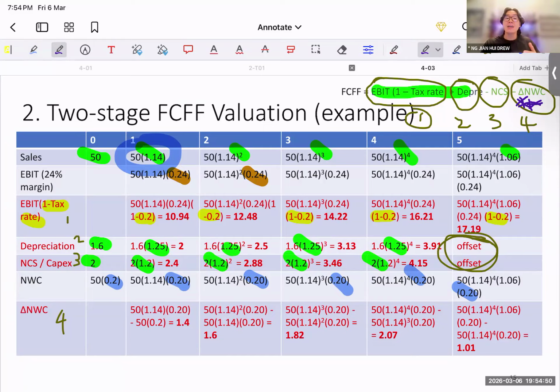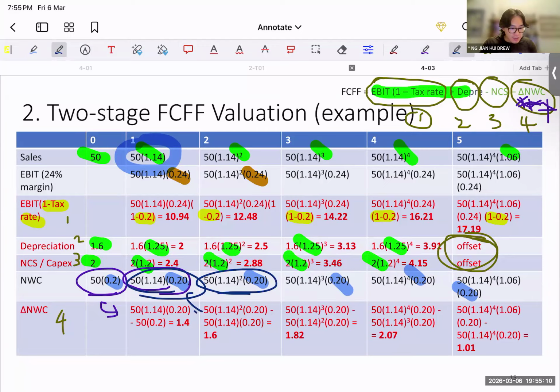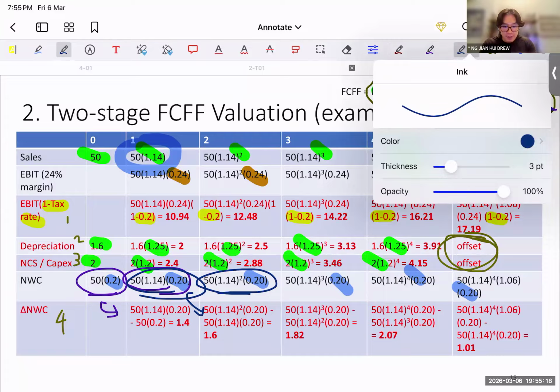You need to make sure that you are doing the change in net working capital, meaning I take this net working capital minus this one, and then for the next one, I take this one minus this one here. So hopefully you can see that we are finding the change in that capital.